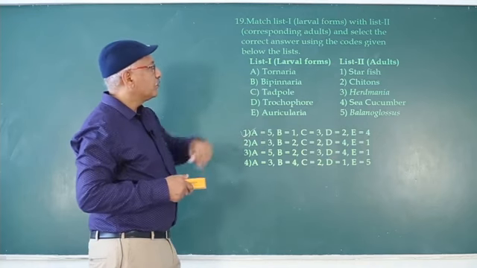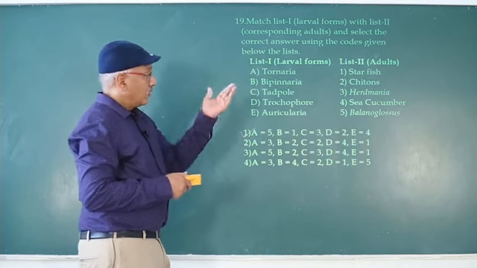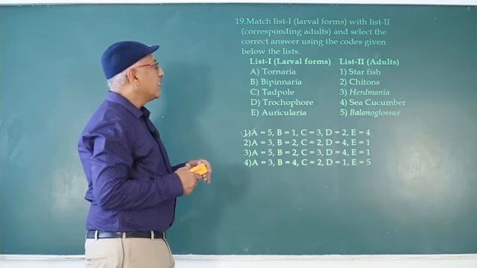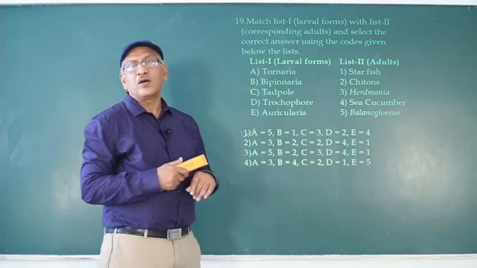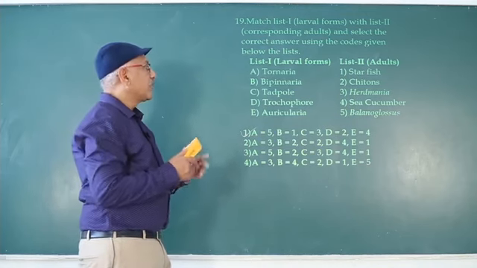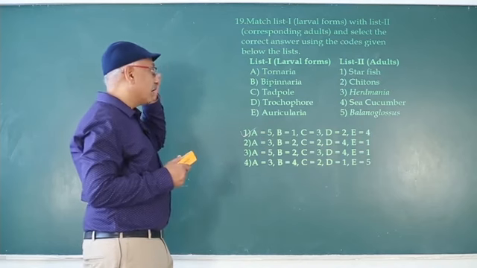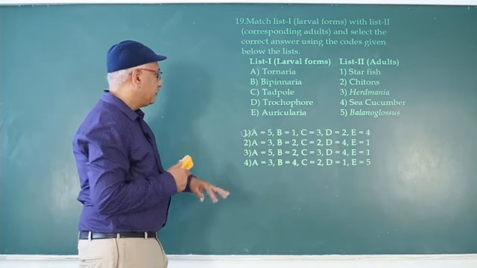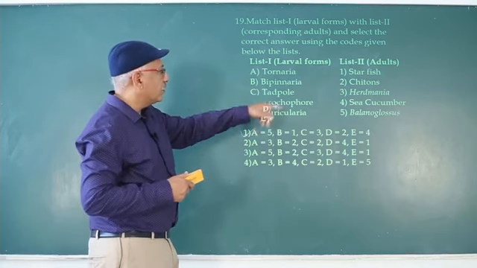Trochophore larva, Chiton. Chiton is a molluscan, belonging to class Scaphopoda, like Dentalium. Chiton, commonly known as Chiton. Auricularia larva, sea cucumber. So E is 4.